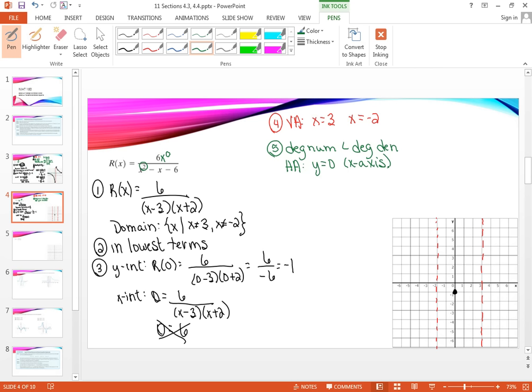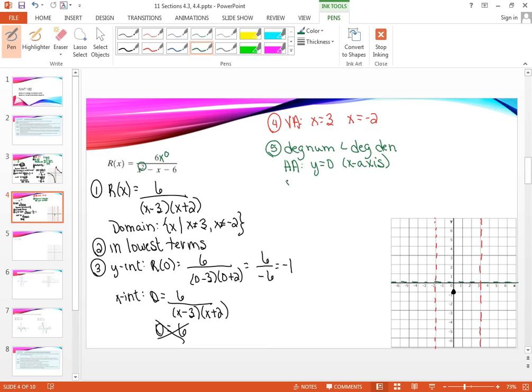Then you're supposed to figure out if there is any point on the graph where you cross the horizontal asymptote. Well, it's real convenient because we've already found out there are no x-intercepts.